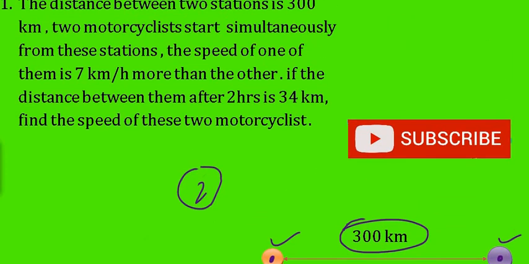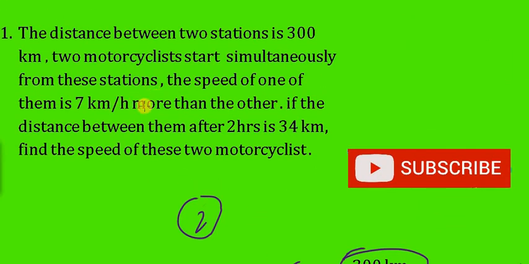Okay, so let's observe the next sentence. And the speed of one of them is 7 kilometers per hour more than the other. So that means one of the motorcyclists would have a speed of x kilometer per hour, and the other would have 7 kilometer per hour more than x.